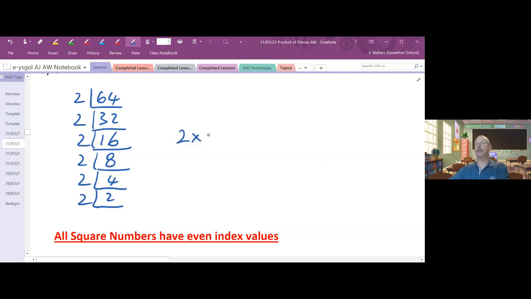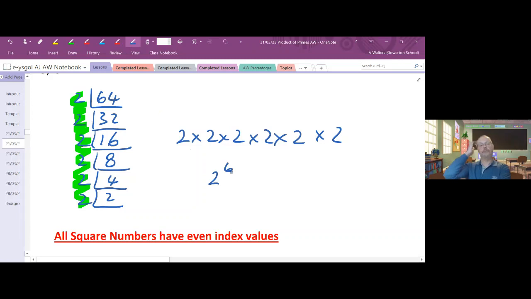Once again, I would write them out: 1, 2, 3, 4, 5, 6 2s. So I'm going to say it's 2 to the power of 6 when it's put in index form. Right, moving on.